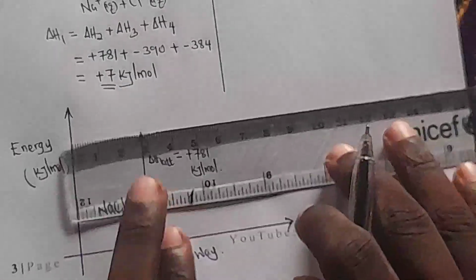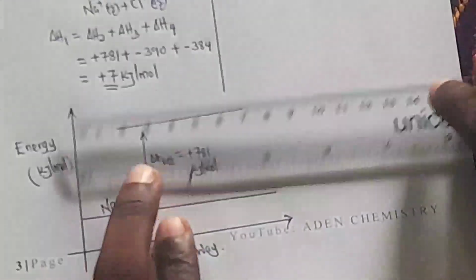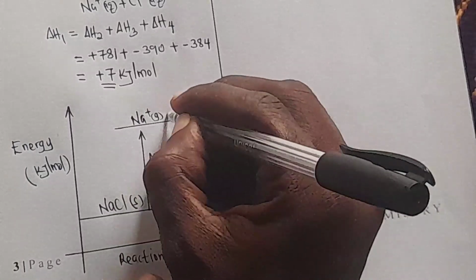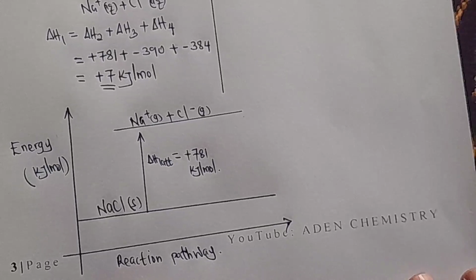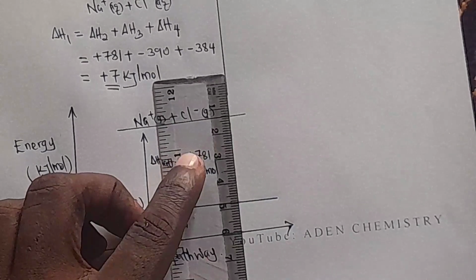Then up here, we are going to have our ions, that's sodium ion in gaseous form plus chloride ion in gaseous form. Next, we can have our hydration energy. The hydration side will be here.